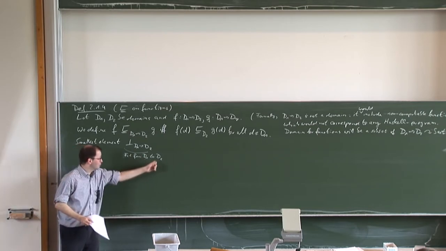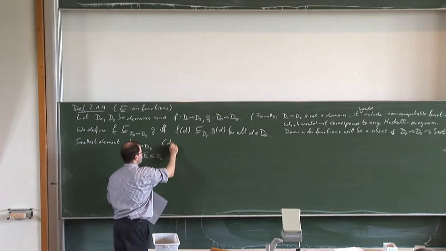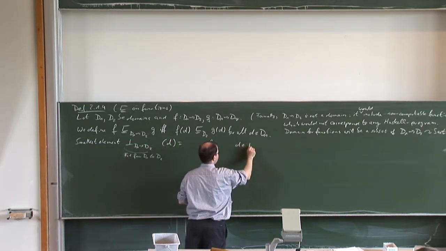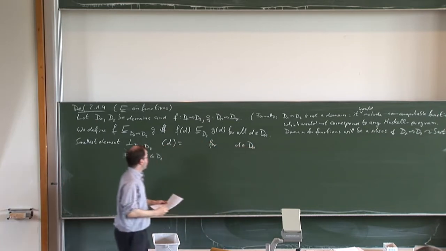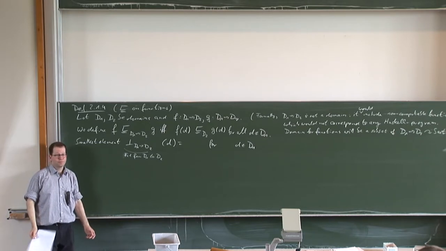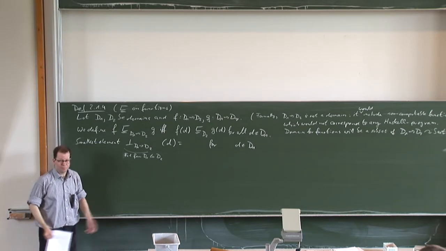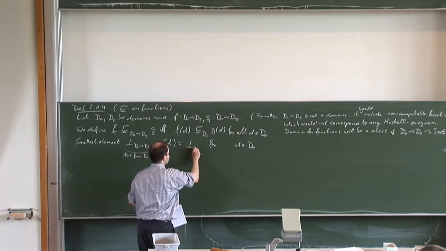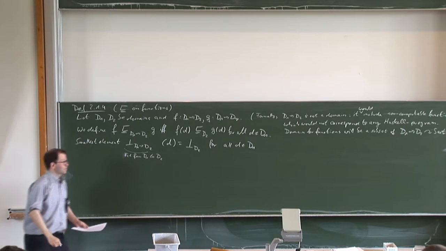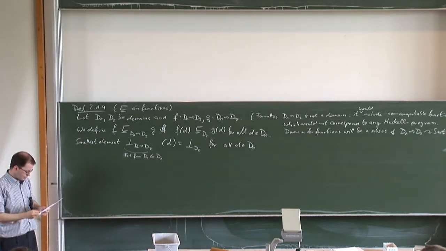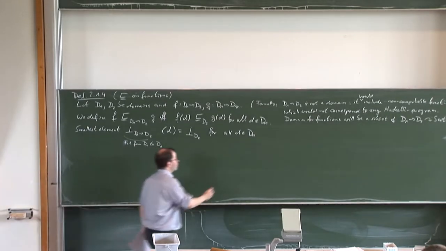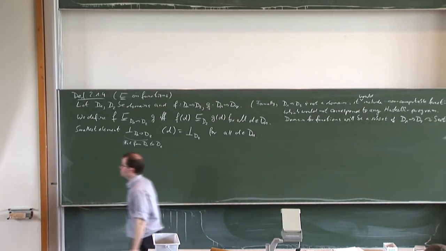If it's a function from D1 to D2, we can apply it to elements of D1. And then what will be the result if this is the smallest function? It will be bottom, exactly. So the result of this will be bottom for all d from D1. So the bottom function, the function that always returns bottom, is the smallest one.